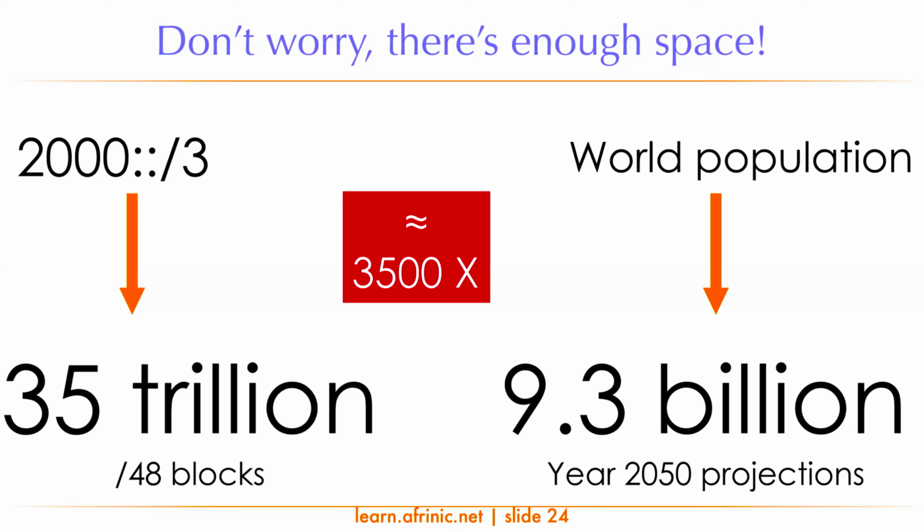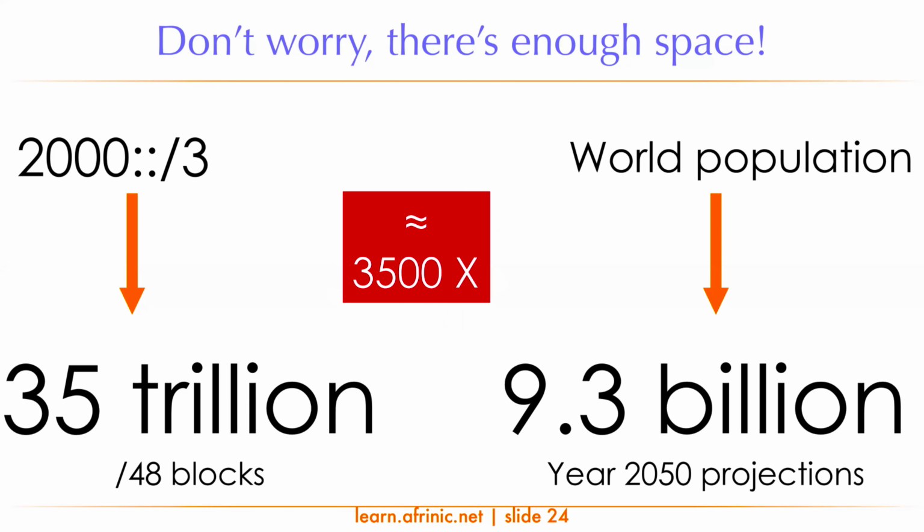So essentially, the current block means that we have 3,500 times the number of people that will be there in 2050. It means that you can give everyone 3,500 /48s and still be left with some spare change. So don't worry about space. We have a lot of space in IPv6.